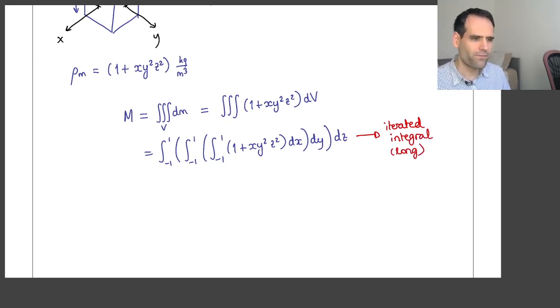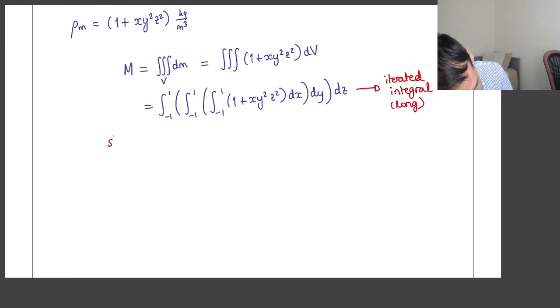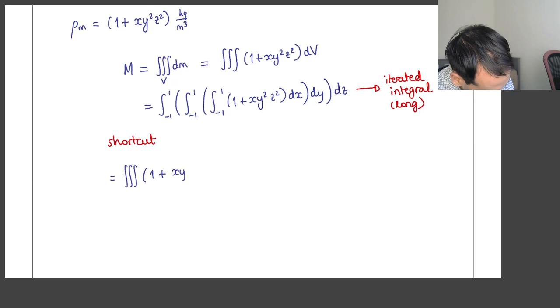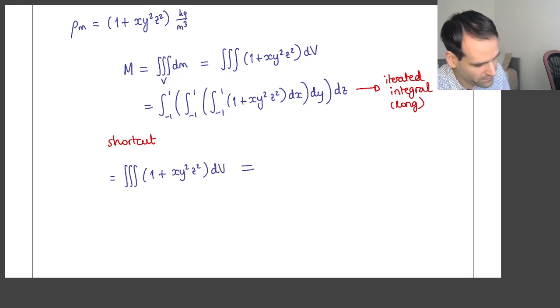So instead we can find a shortcut. So how can we find a shortcut? Well, first of all, we can say that this triple integral is actually a sum, right? So we have 1 plus x, y squared, z squared dv. So therefore we can split this integral.